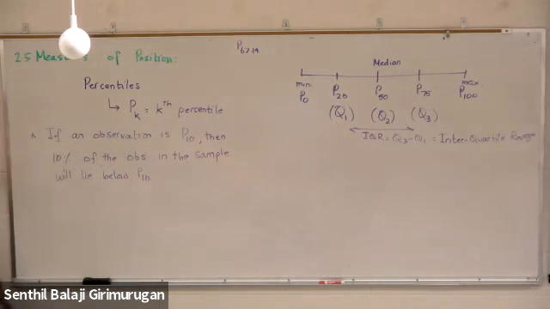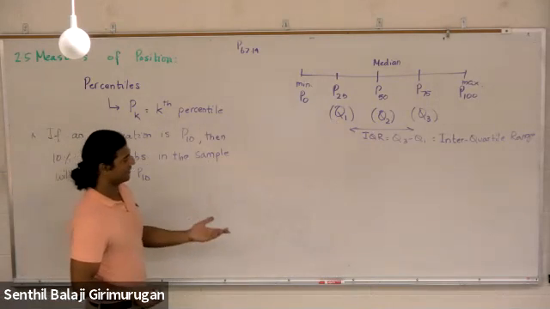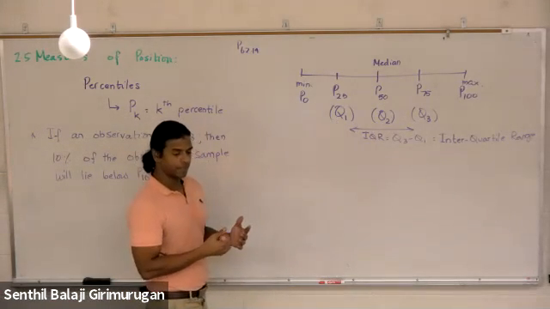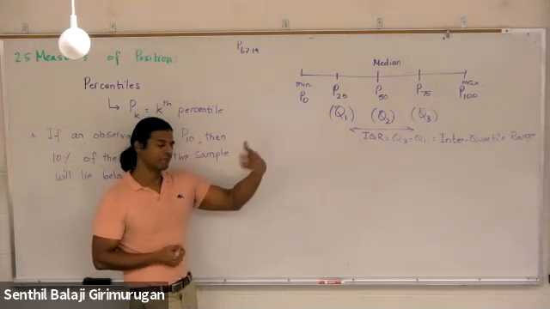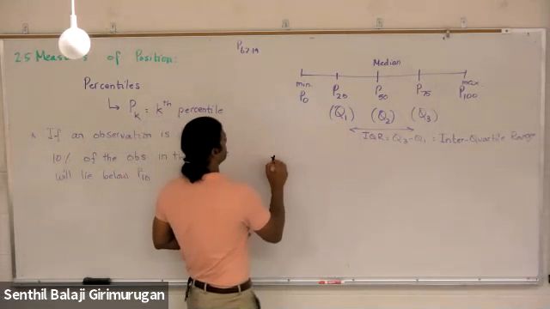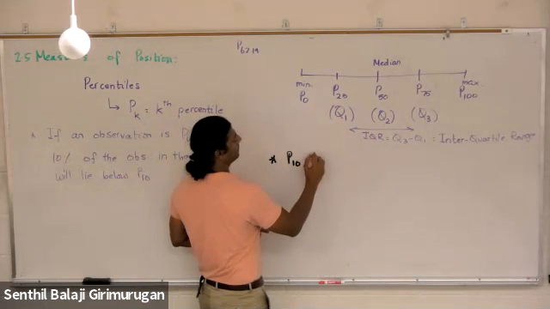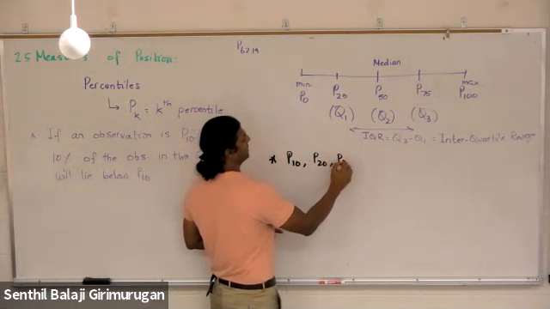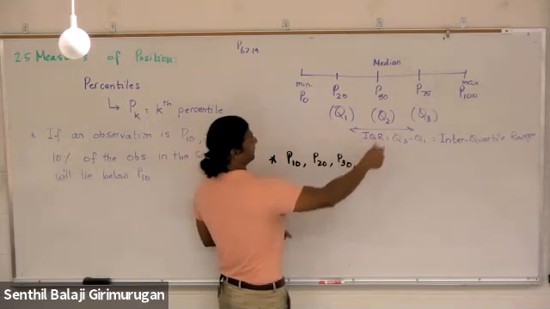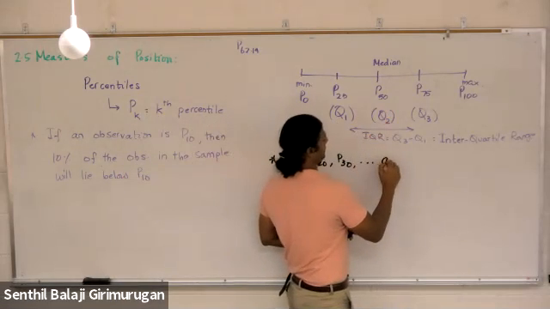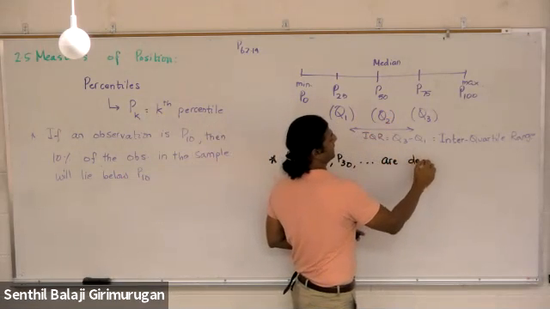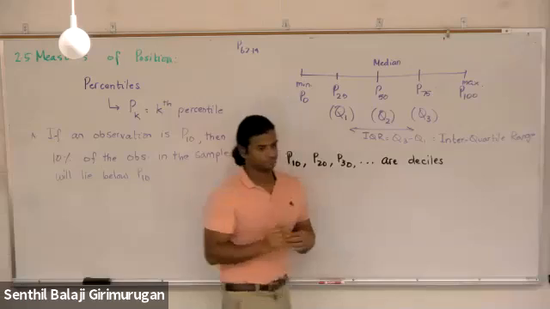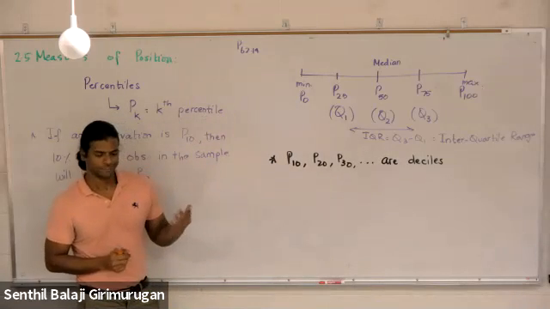In practice, there are other ways to assess percentiles. Some people like to measure them at every tenth. So P10, P20, P30, all the way up to P100 are deciles. Just a fancy name.